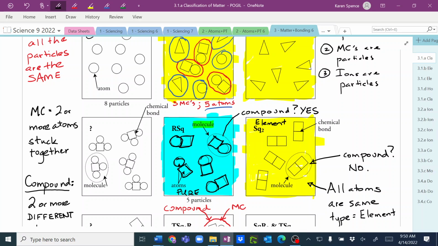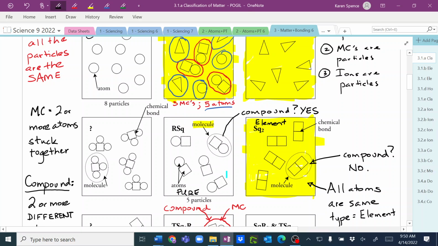Is the RSQ a compound or an element? The blue sample, I'm going to get rid of these because they're ugly compared with the actual drawing. Is RSQ a compound or an element? It is a compound because these two are different, yes?